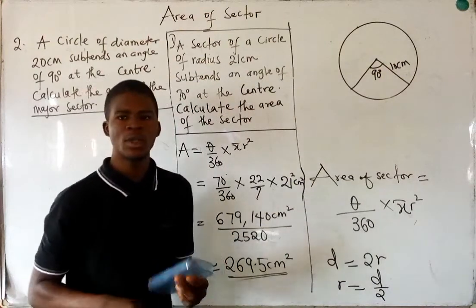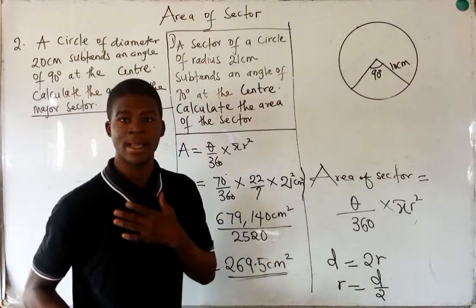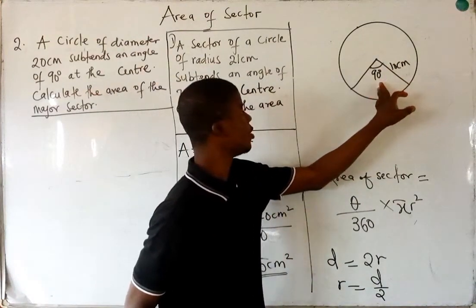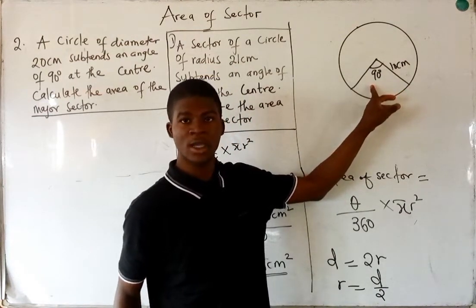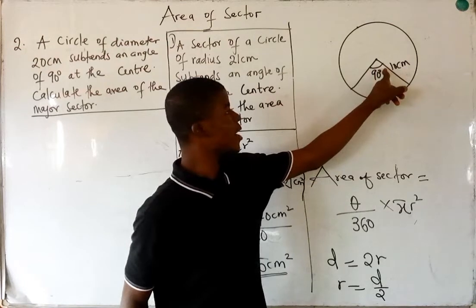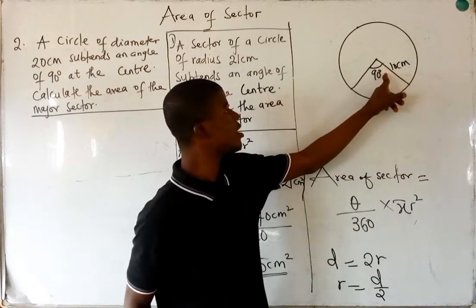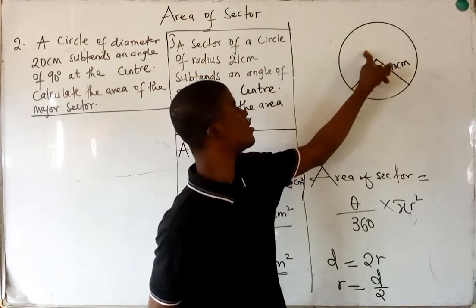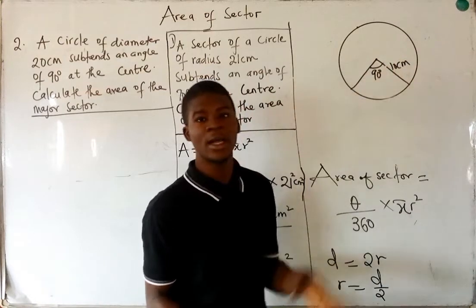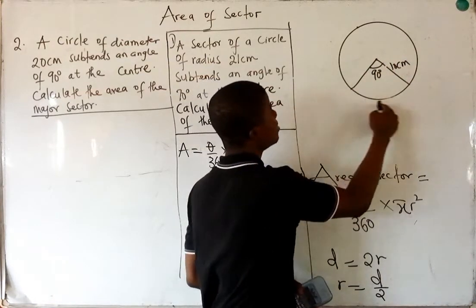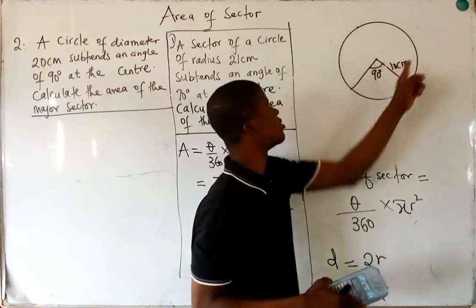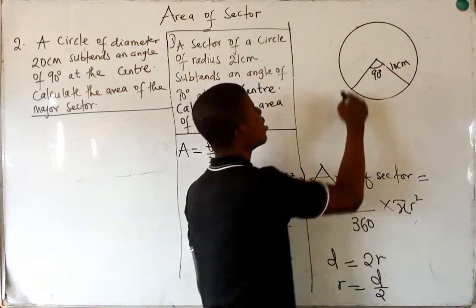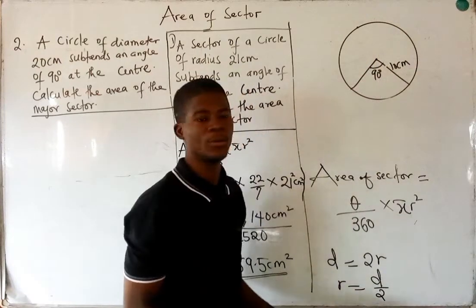Now, obviously, I know that this sector here is not the major sector because the angle at center, which is 90 degrees, is less than the angle at the center of this major sector. That is, the angle formed by this minor sector is less than the angle formed by this major sector. Now, how do we get the angle formed by this major sector? It's simple.